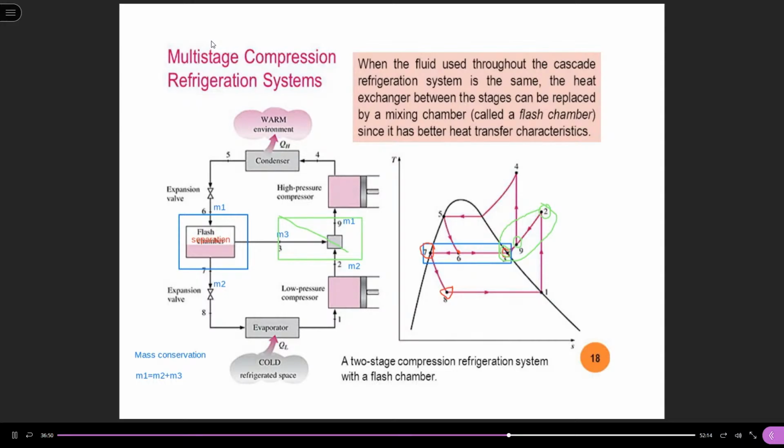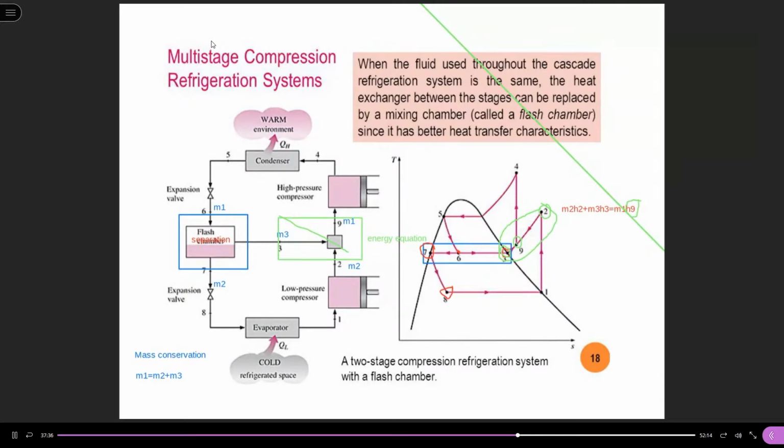So that is the relationship. Therefore, through this equation, we can find out the specific enthalpy of state 9 after mixing. So therefore, we can define state 9.